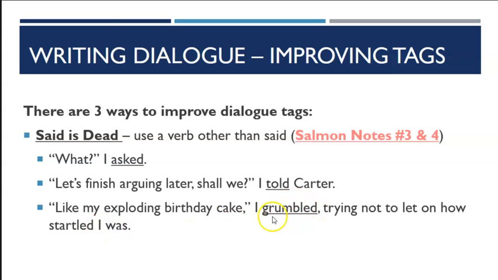So grumbled is even better. Asked tells us it's a question. Told is okay, but grumbled is even better because now we're really adding character emotion, right? With just a word change. And so this moves the story forward by giving us character feelings by changing out this word. Notice again, we have the comma here and then the tag after.